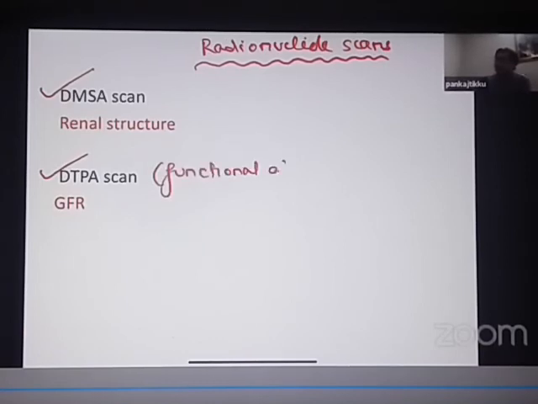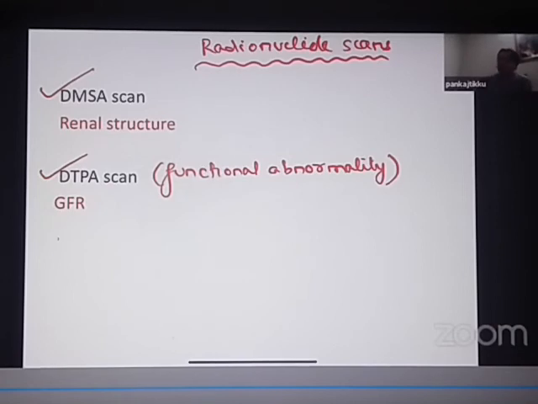And which abnormality does a DTPA scan look for? It looks for abnormalities in the glomerular filtration rate. So while a DMSA scan is for identifying any structural abnormality in the kidney, the DTPA scan is used to identify functional abnormalities in the kidney.